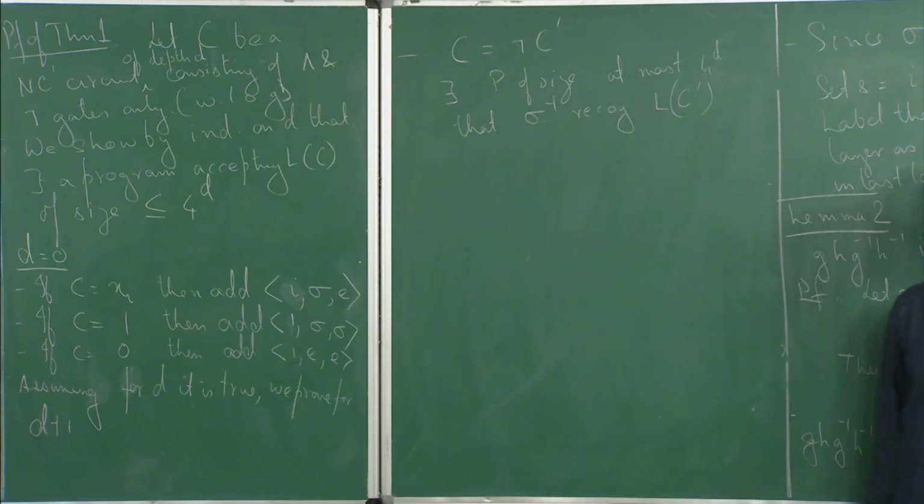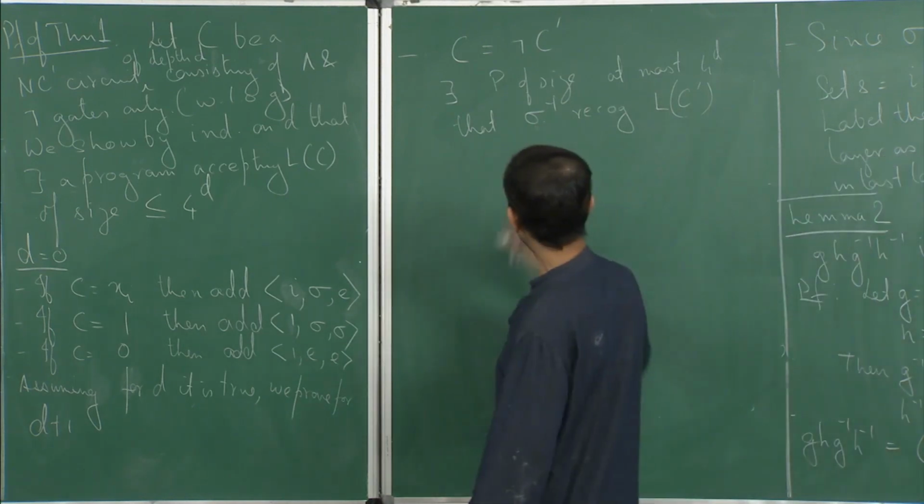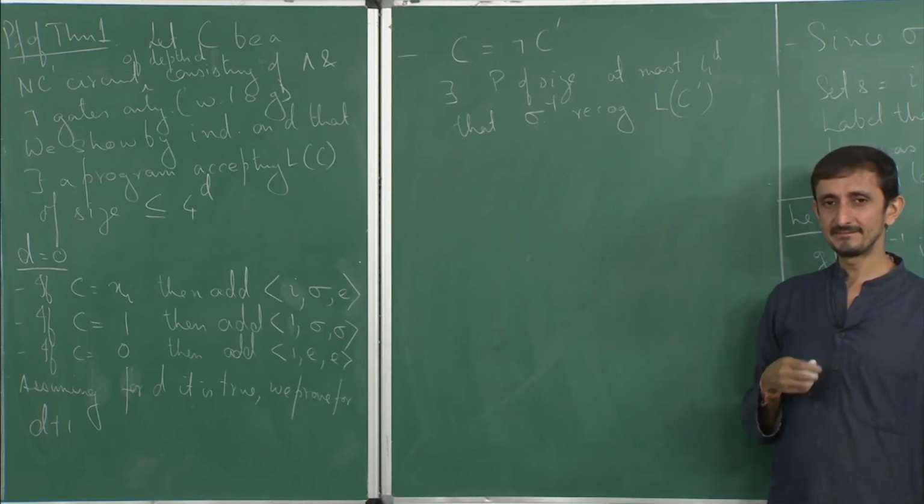Sigma prime is just another 5 cycle. So, we can actually take this to be anything that we want. Now, how do I get a program for C now? What will it be?